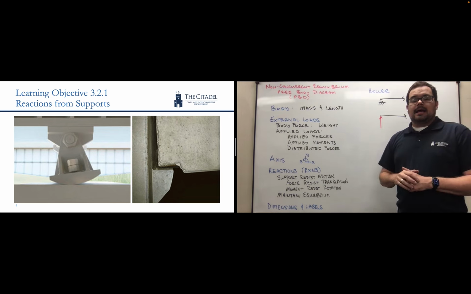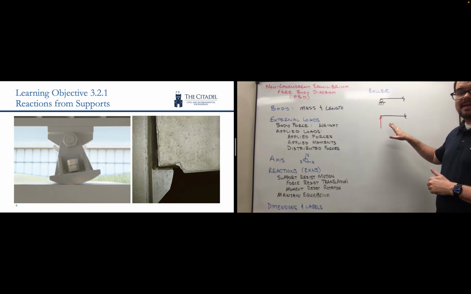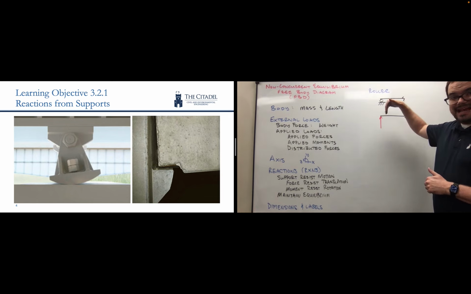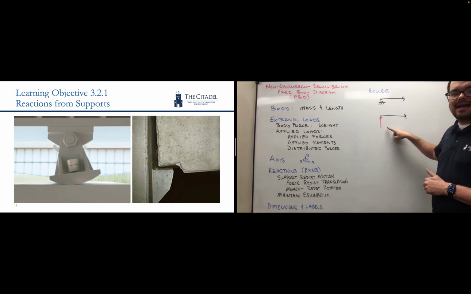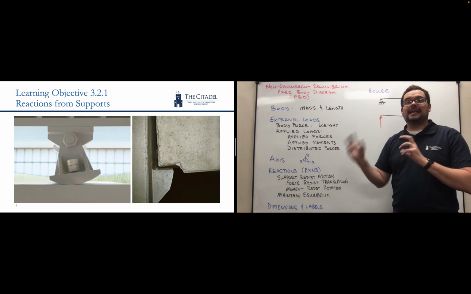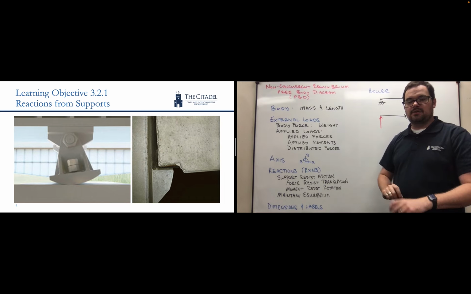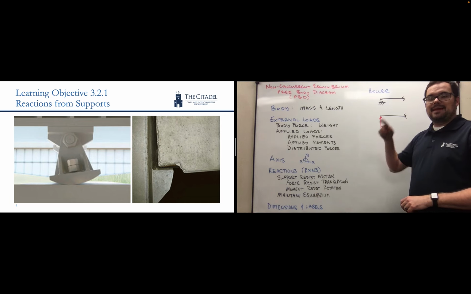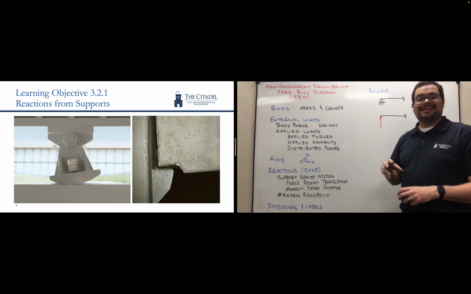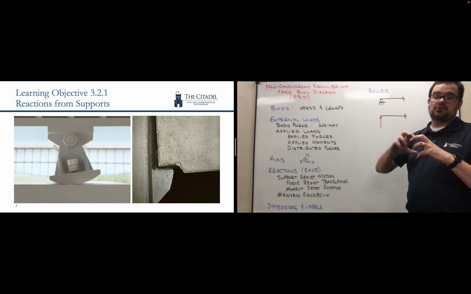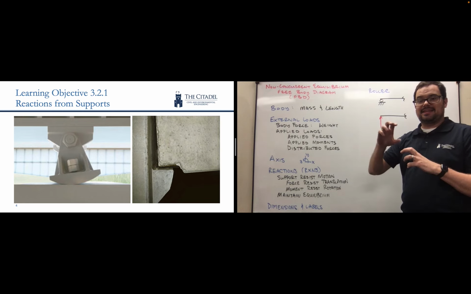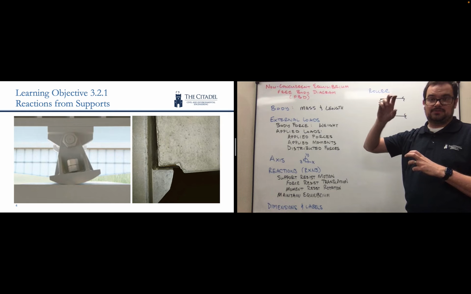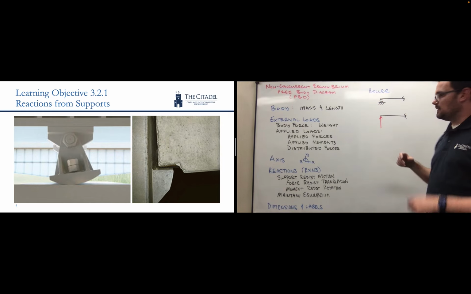Mathematically, it could actually be downward, but that would just come back as a negative value. We always have to go back to connecting our engineering and math model, which will tell us whether this reaction force is up or down, and make sure through our mental model that the connection itself will resist motion up and down. For example, in this case, if the bridge tried to move up, it would actually lift off this support. That's something we have to watch out for.